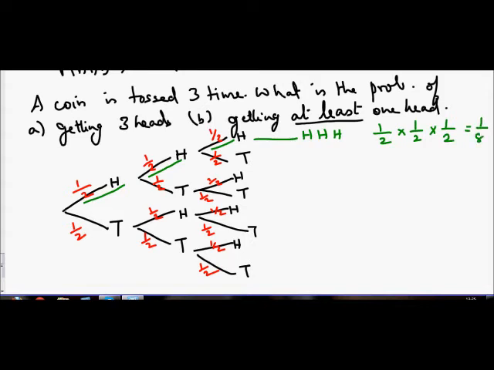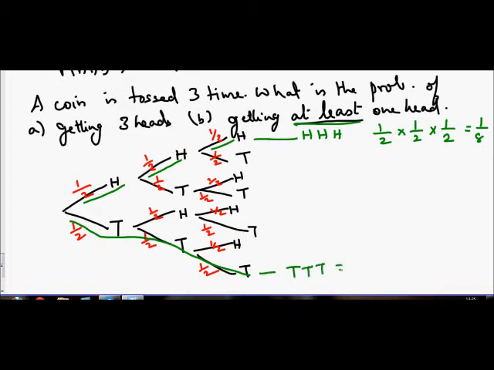Getting at least 1 head, which means you can see that it's underlined, at least is 1 head, 2 heads, or 3 heads. Okay, except getting all the 3 tails, which means that you need to avoid this particular path. Except this, you need to get all the other combinations. So what is the probability of this?